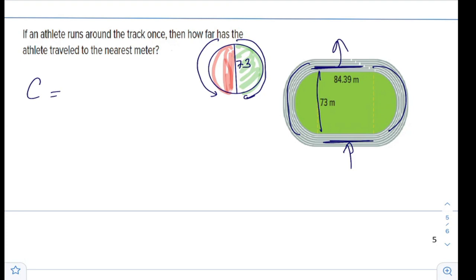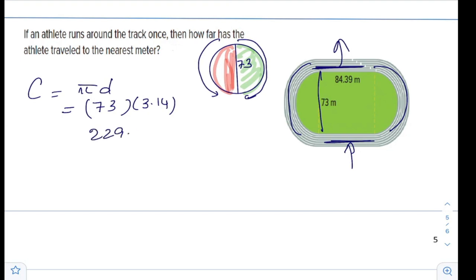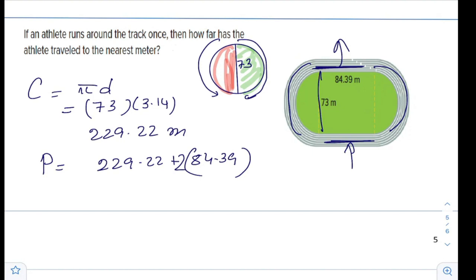So let's find the circumference of the total circle, which is pi times d. So it is 73 times 3.14, which is 229.22 meters. And the total perimeter will be this amount plus 84.39 twice, up and down.